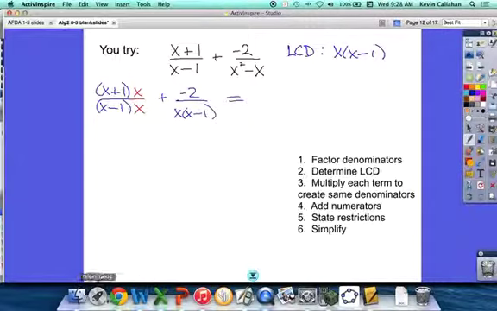You know what? I don't know if I can do that. That's probably right. What did you get for the numerator?